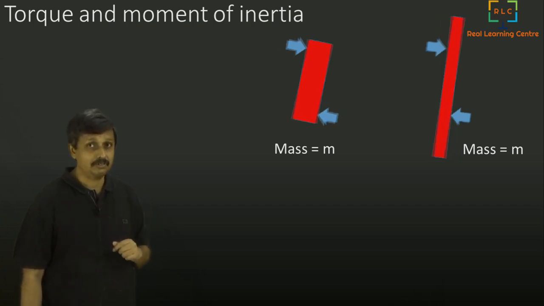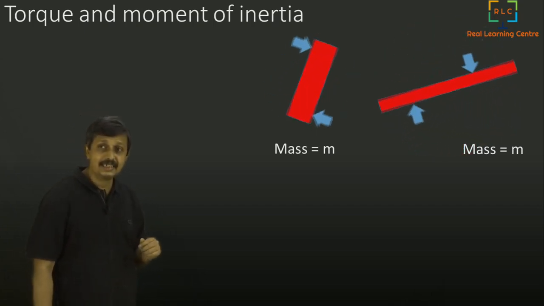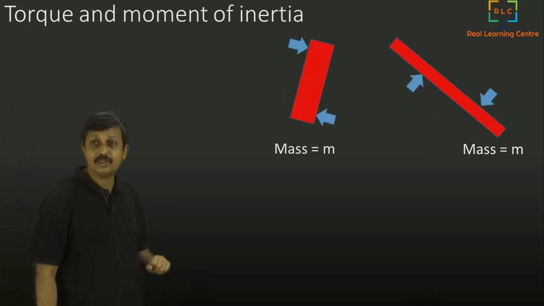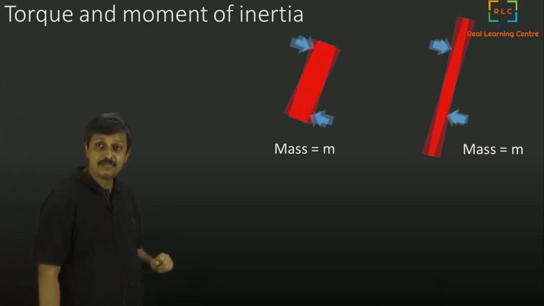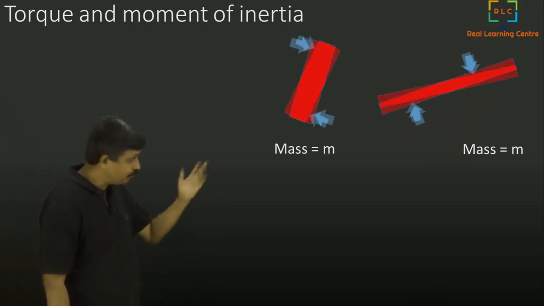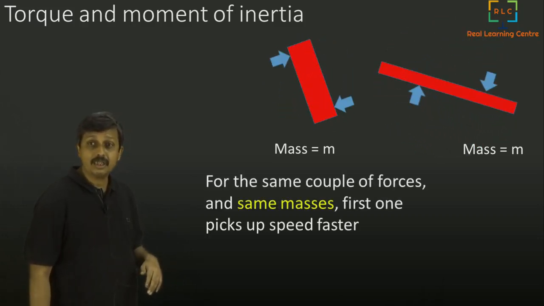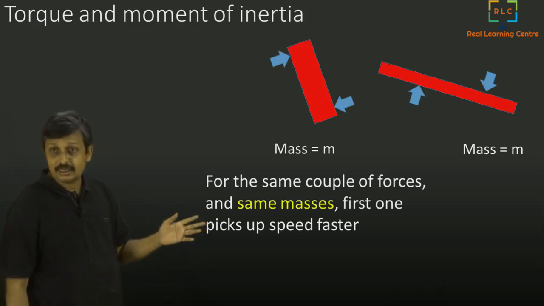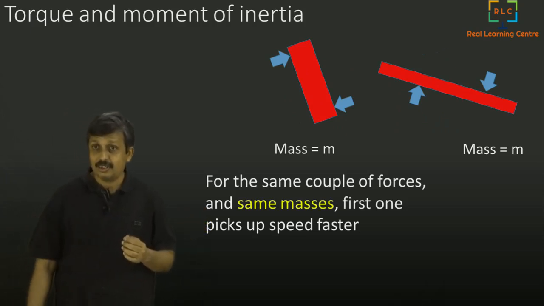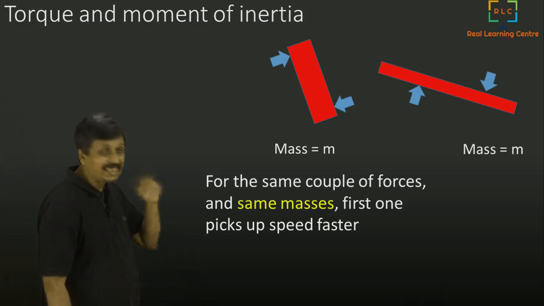Let's see what will happen. You can see that the second one is going slowly, picking up speed less, whereas the first one is rotating faster. So for the same couple of forces and same masses, the first one picks up speed faster.